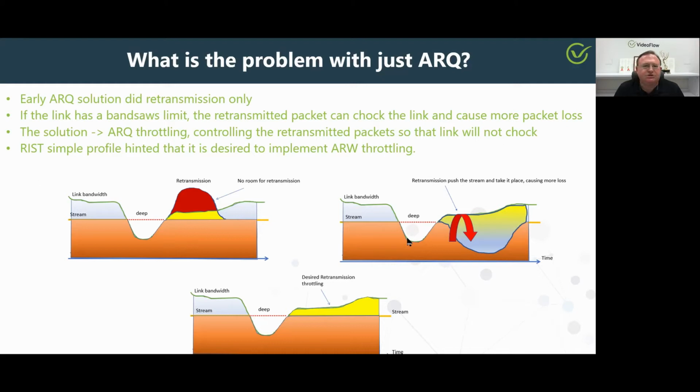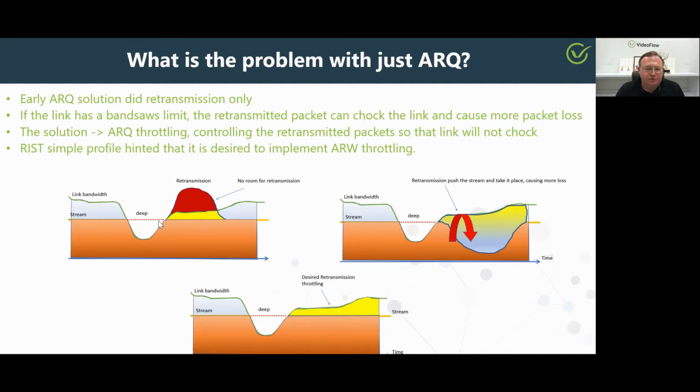So let's consider the situation on the left. We have a nice stream flowing and a link budget. When suddenly the link budget goes down, we have a depression of the bandwidth. So it creates a short interruption and packet loss. Then the bandwidth goes up and the stream comes back.